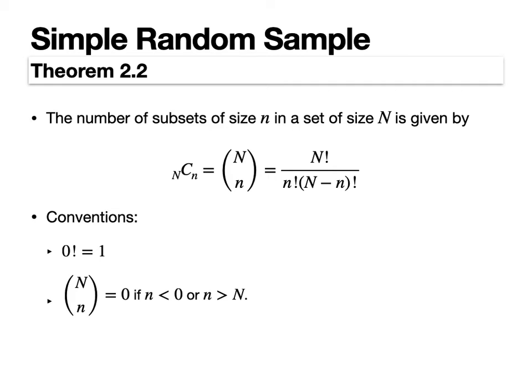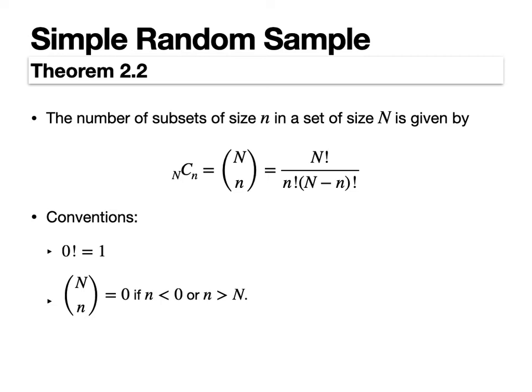The number of subsets of size n in a set of size capital N is given by capital N choose little n, that's that first symbol, or another notation for that is capital N choose n. It's the binomial coefficient notation, but ultimately it comes down to capital N factorial divided by n factorial times capital N minus n factorial.